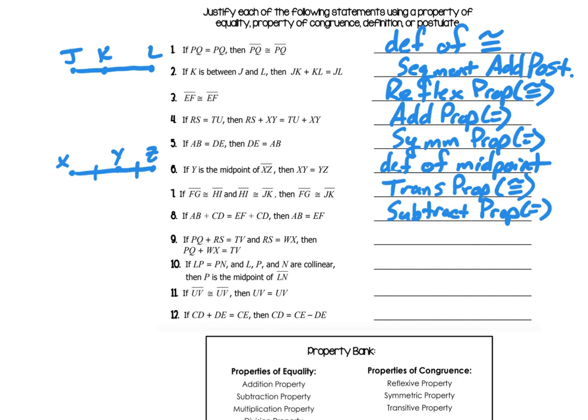So they took WX and put it in where RS was. So they took something and replaced it with something that it was equal to. Be careful with abbreviating. I'm okay with abbreviations, but since you have subtraction and since you have substitution, you don't just want to say SUB, because then are you talking about substitution or are you talking about subtraction? Okay? So those are the two you've got to be really careful of abbreviating.